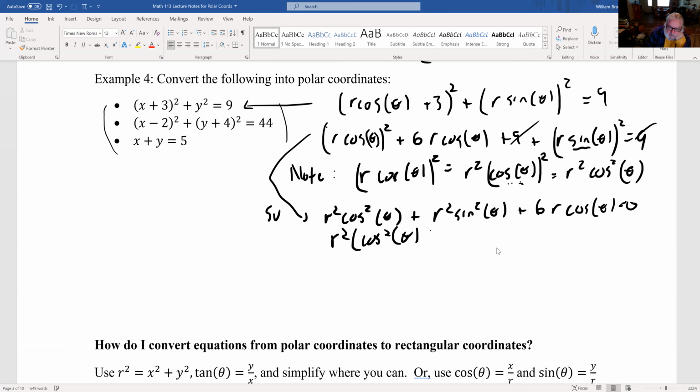Well, I can factor out the r squared out of those first two. And then this whole thing is just 1.